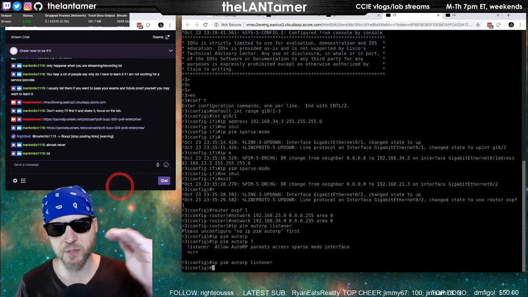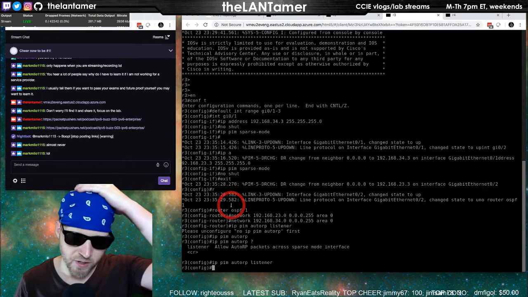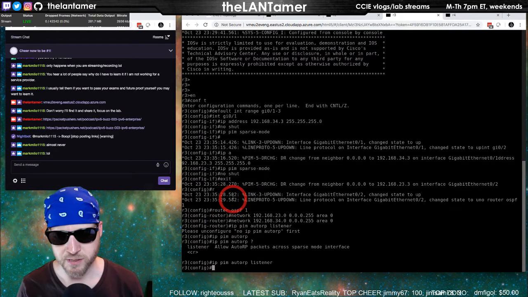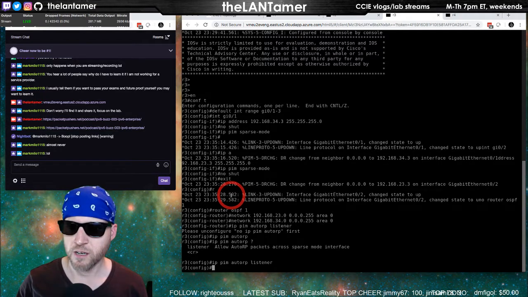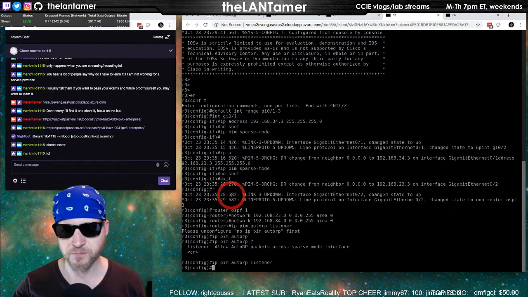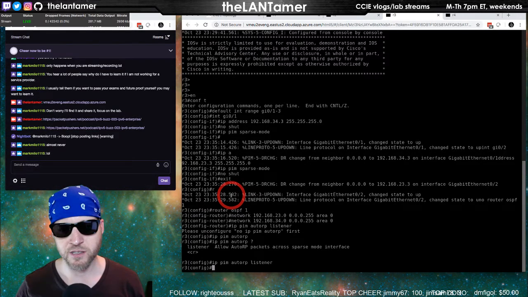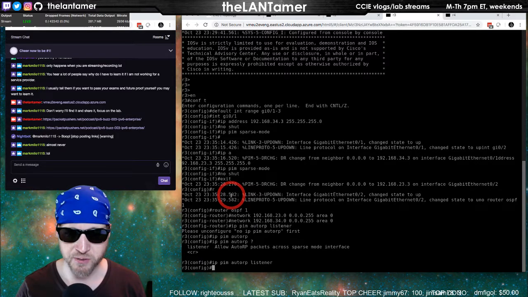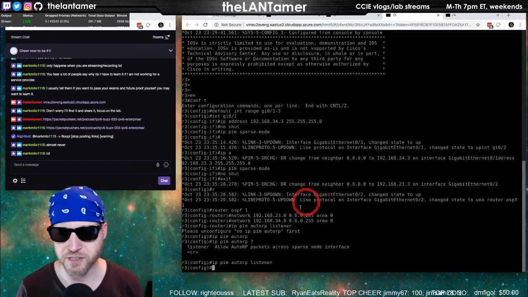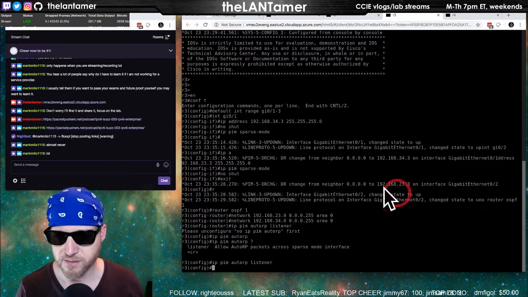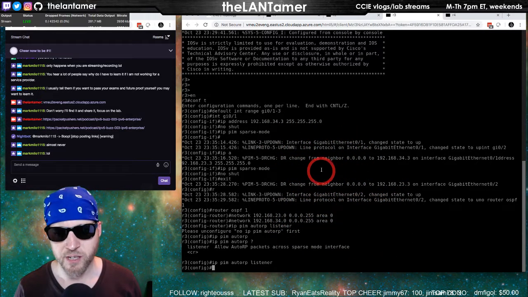So the other option is basically to solve the problem of sparse mode, the chicken and the egg problem, as it's called sometimes. If you want to use sparse mode, but you want Auto-RP routers to be automatically discovered using those addresses, right? 224.0.1.40. That's chicken and egg. How do you do it? Well, one way is to use sparse-dense as kind of a compromise.